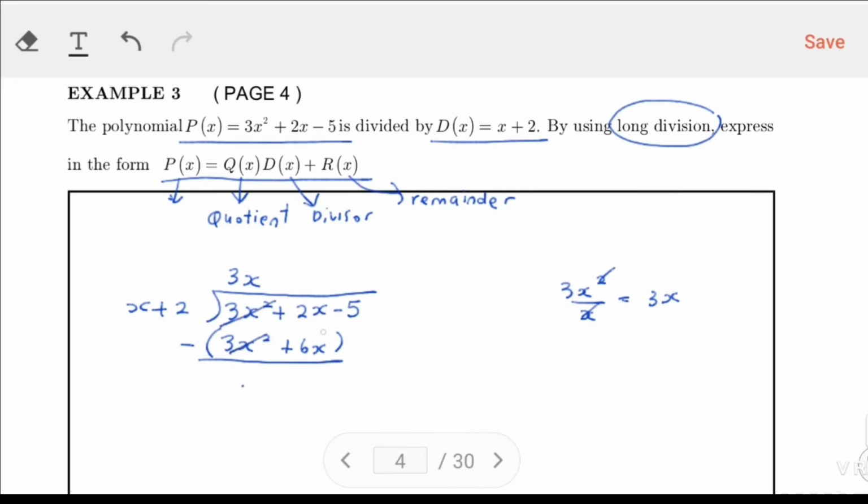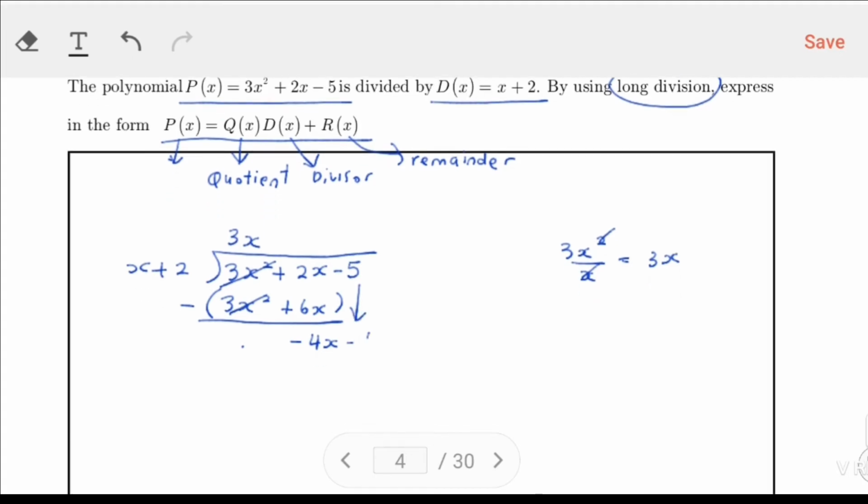So 3x squared minus 3x squared, 0. 2x minus 6x, we get negative 4x. Don't forget to bring down negative 5. To get negative 4x, we will multiply x by negative 4. So negative 4x divided by x, we get negative 4. Negative 4 times x, we get negative 4x.